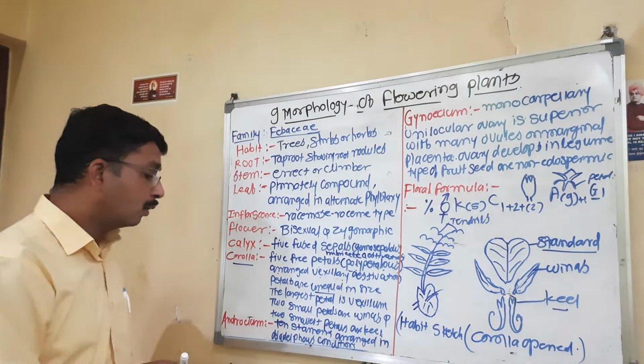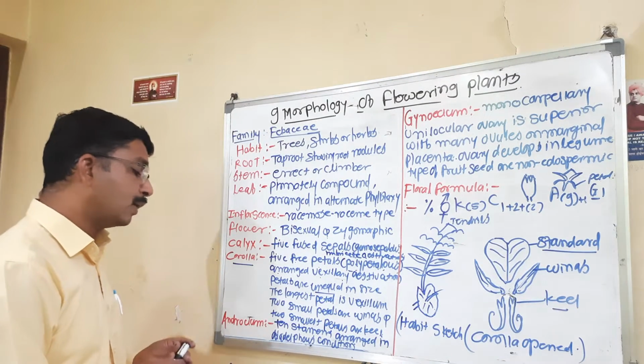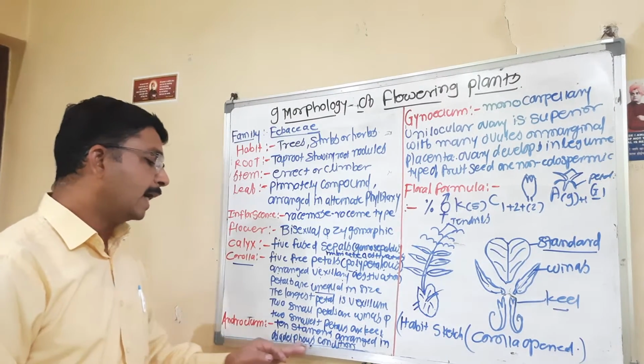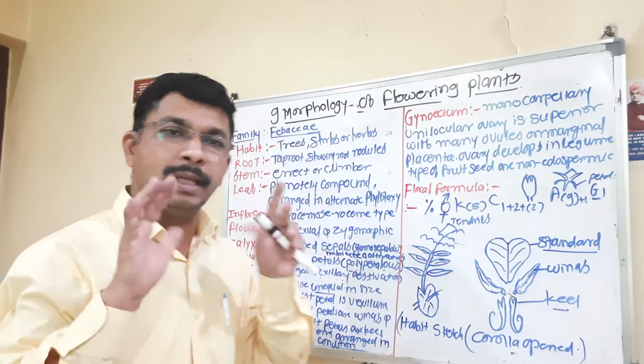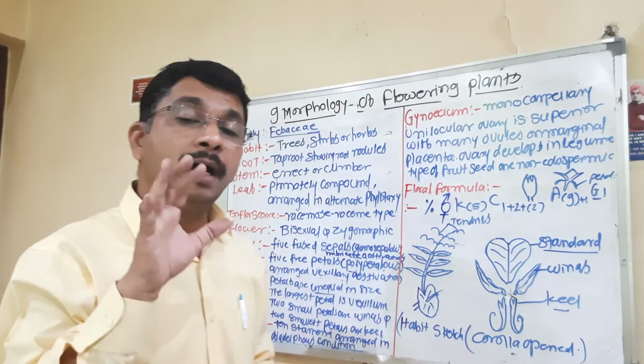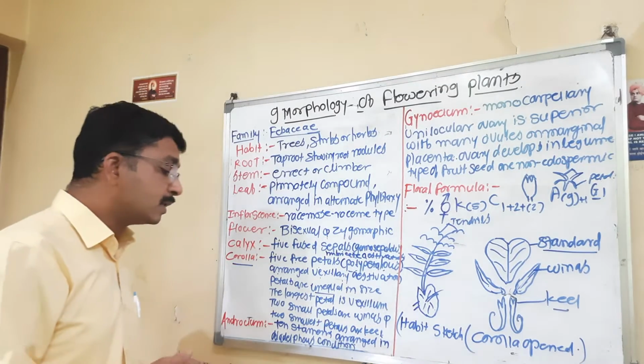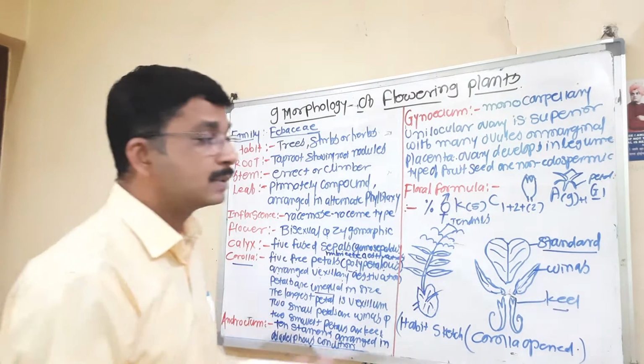Then what is the condition of these essential whorls? The androecium has 10 stamens arranged in diadelphous condition. How do we call it diadelphous?